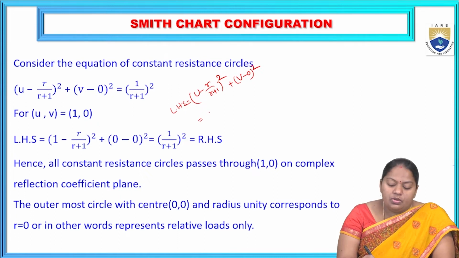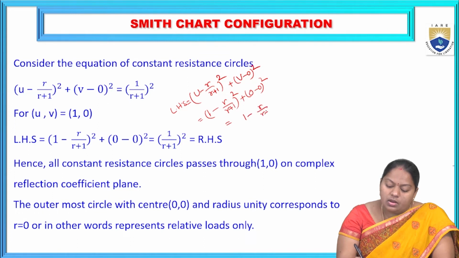Now if you substitute u as 1, we get (1 minus r by r plus 1) whole square plus (0 minus 0) whole square, which is (1 minus r by r plus 1) whole square. If we take the LCM, it becomes (r plus 1 minus r by r plus 1) whole square.